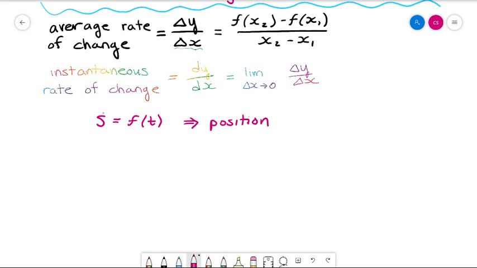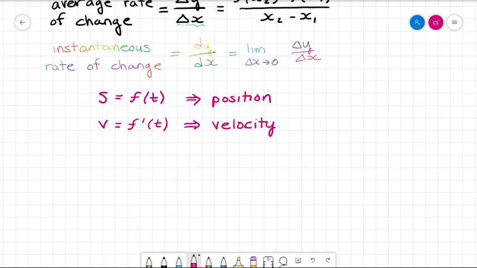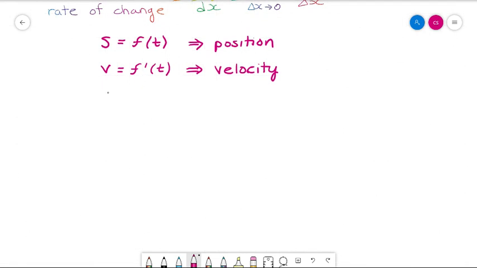It's the rate of change of the position versus time, which is exactly what velocity is. And if we take the derivative of velocity, we're asking how fast does the velocity change? Well, that's exactly what acceleration is.